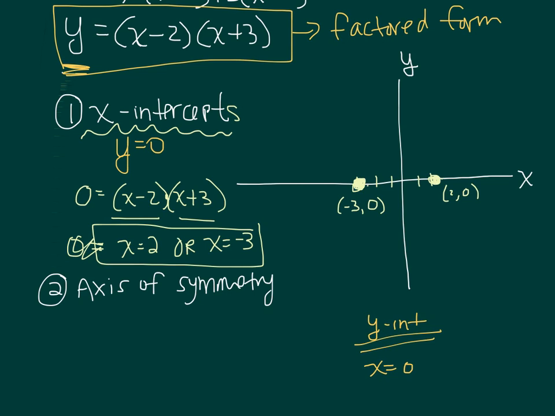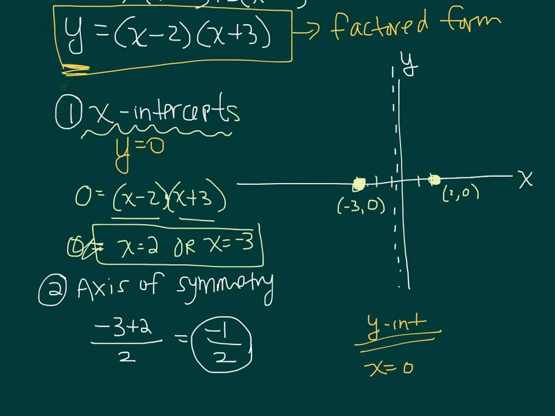You could think about it or physically count, or you could just say negative 3 plus 2 divided by 2. I add and get negative 1, and if I divide that by 2, the axis of symmetry is at negative 1/2. So I can plot that point right here.